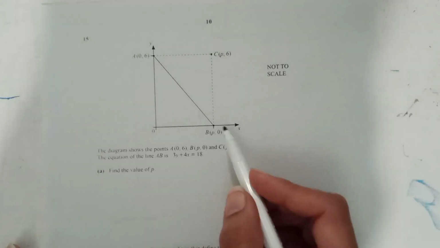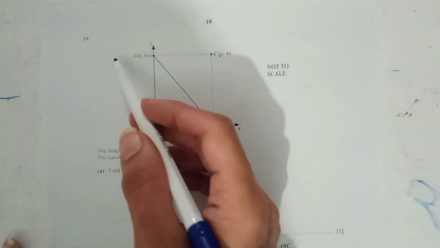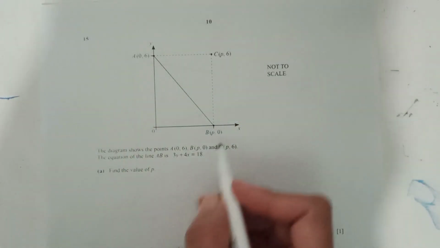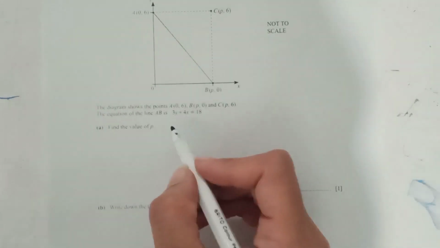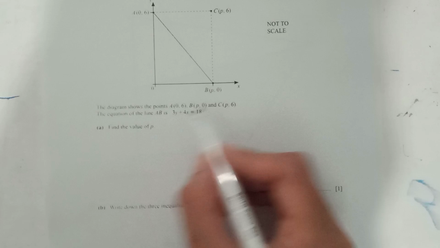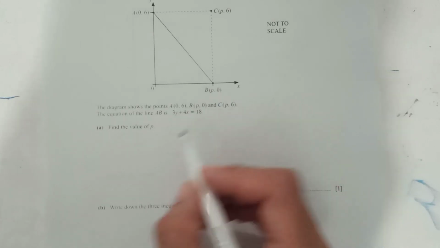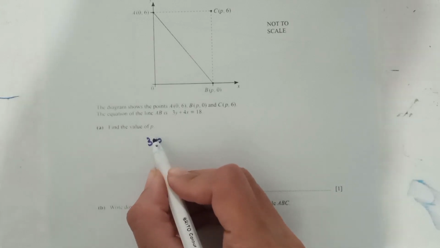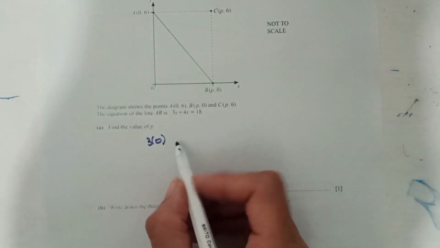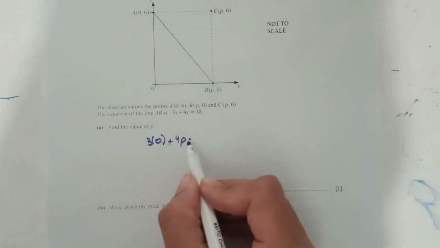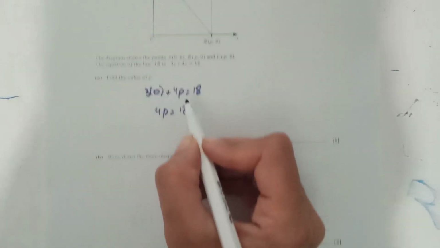Find the value of P. We put these points in this equation, and then we find the value of P. The x coordinate is P and the y coordinate is 0, so 4P is equal to 18.